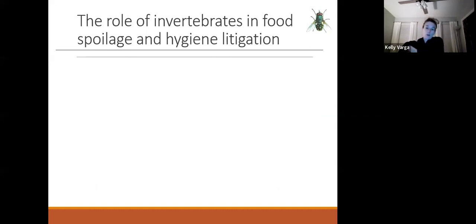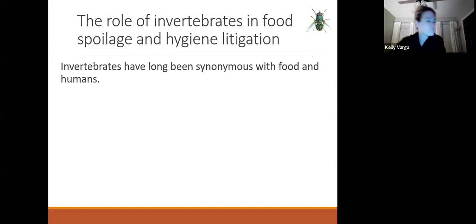Just as we saw with vertebrates, we also need to take into consideration invertebrates in food spoilage and hygienic litigation. And again, we are not immune to this. We have been evolving alongside and consuming invertebrates for protein for a very long time. It's been a food resource. When we were evolving, we didn't have the term organic. We just pulled things off the ground or out of the ground, and whatever was on it, we ate it, right?